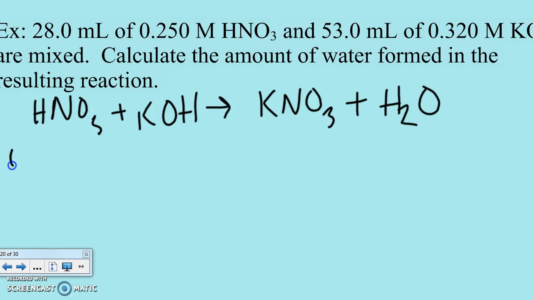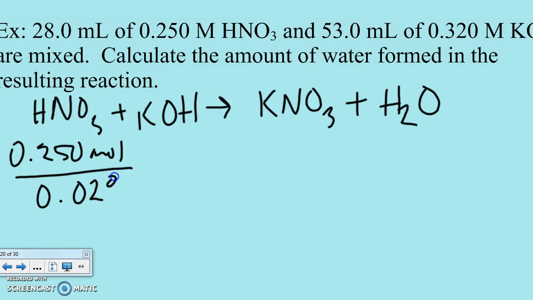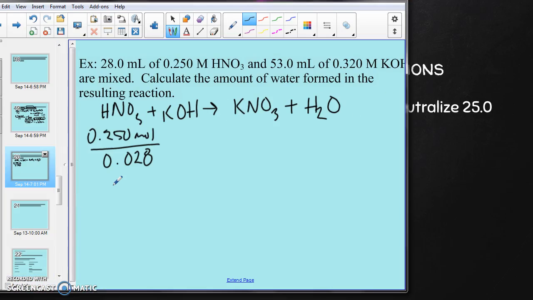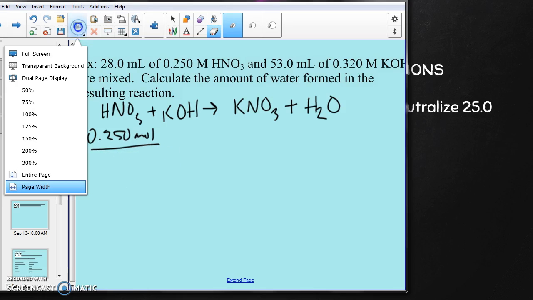So what we need to do is figure out how many moles of each one there are given the volumes. Oh, I did that wrong, sorry. Hold on. I did that totally on purpose just to see if you're paying attention. It's 0.25 molar.